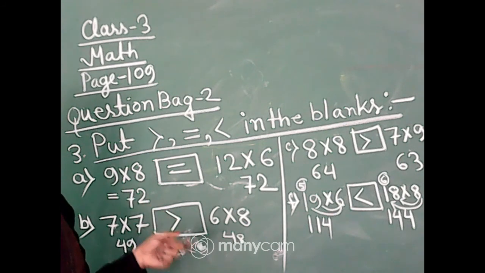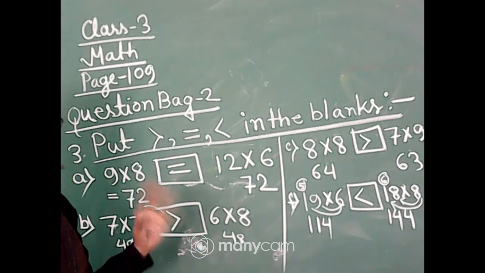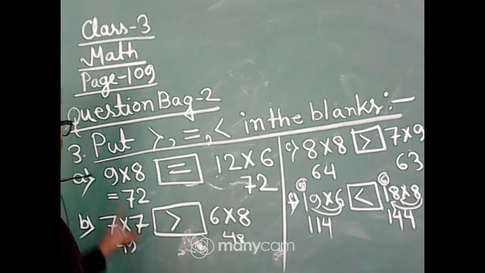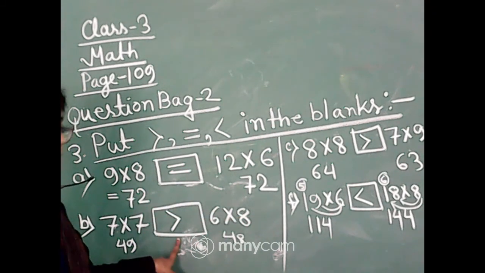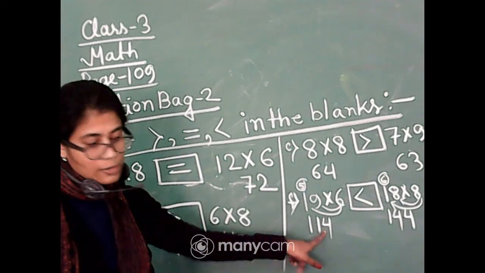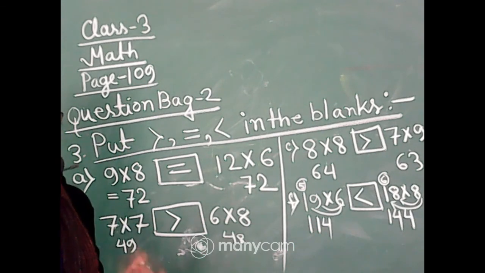I mean, after doing the calculation, you have to compare both sides, whether it is equal, greater, or smaller. Okay, and then after that you have to put the symbol.